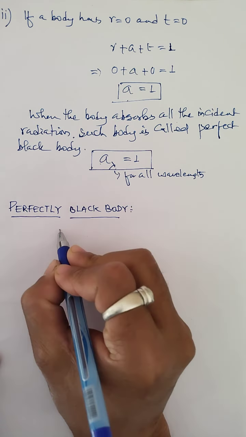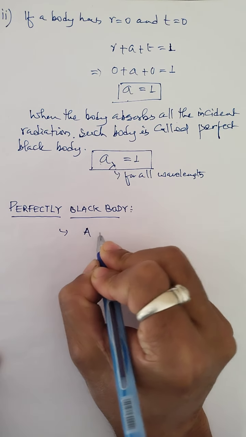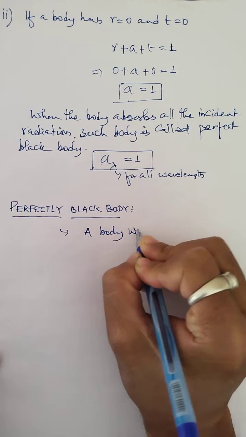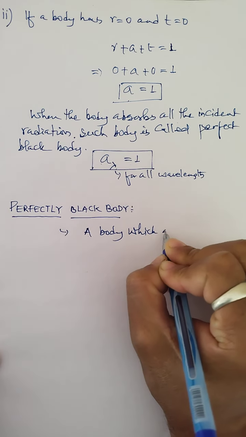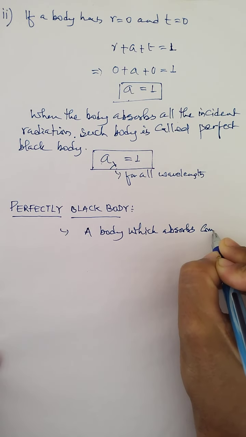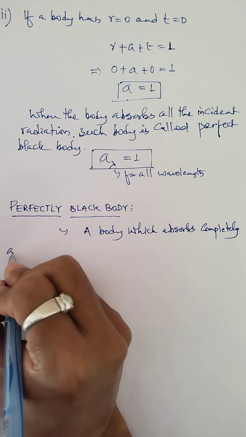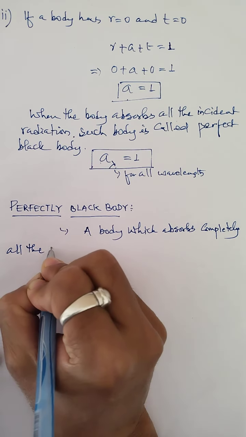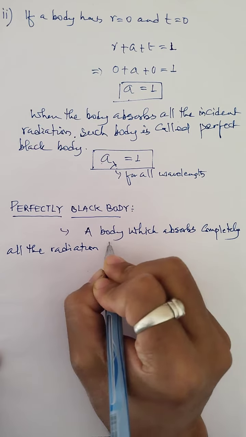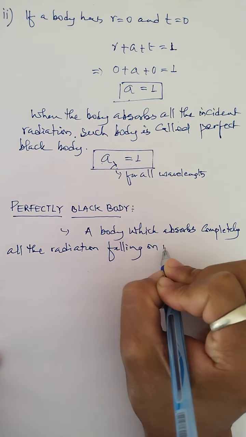That's why we can simply define a perfectly black body as a body which absorbs completely all the radiation falling on its surface.